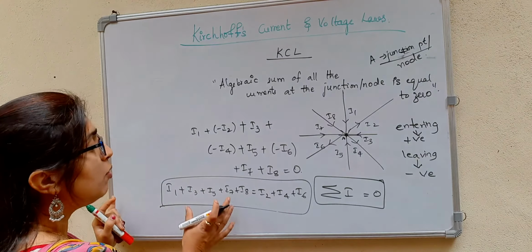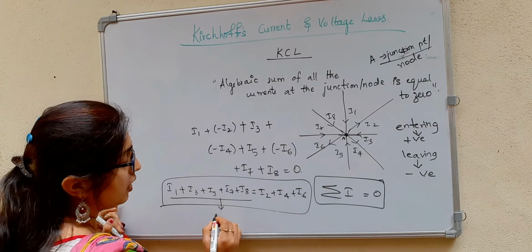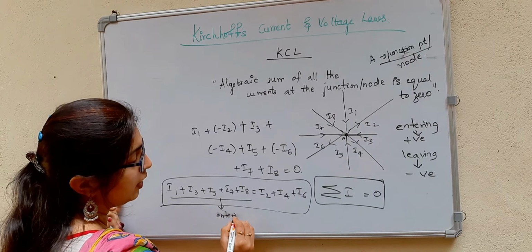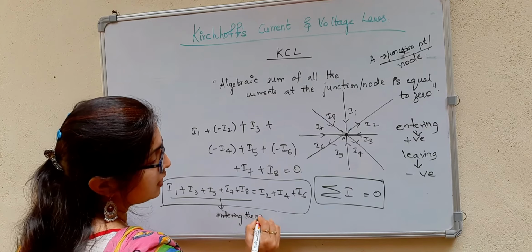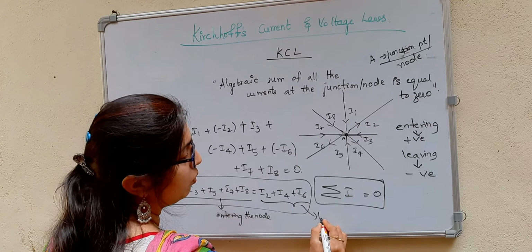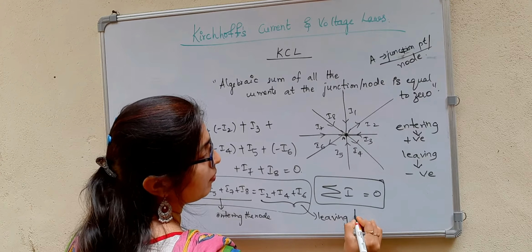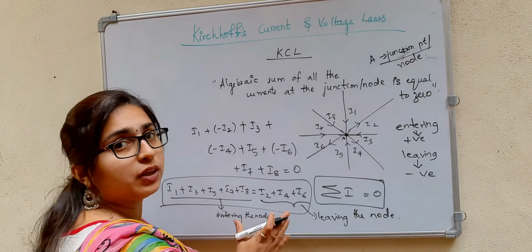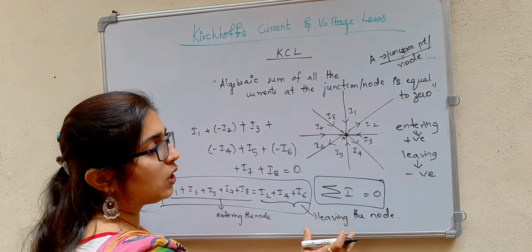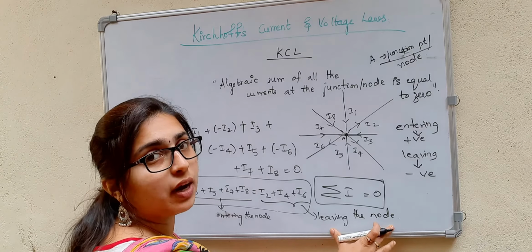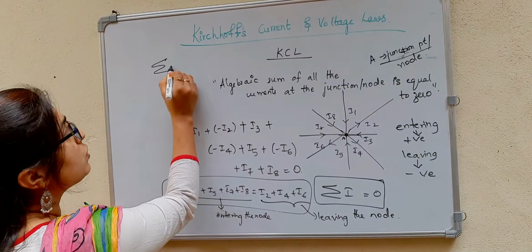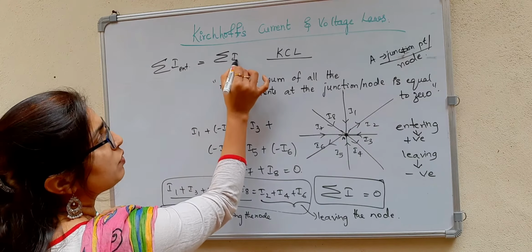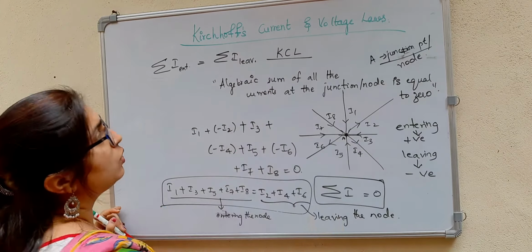So this is the sum of currents entering the node, and these are the currents leaving the node. Therefore, the algebraic sum of the currents entering the node is equal to the algebraic sum of currents leaving the node.